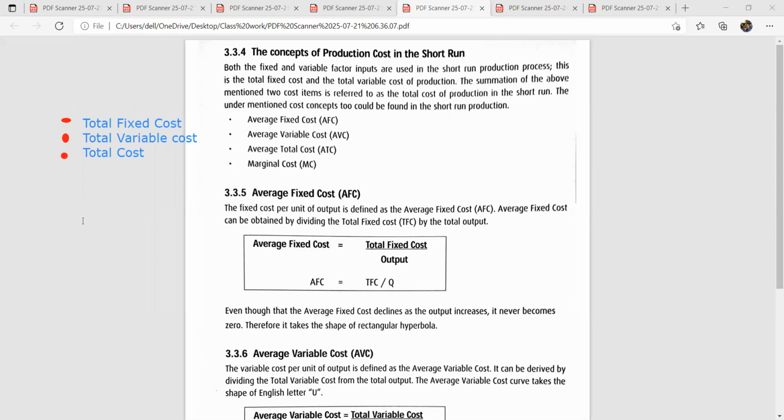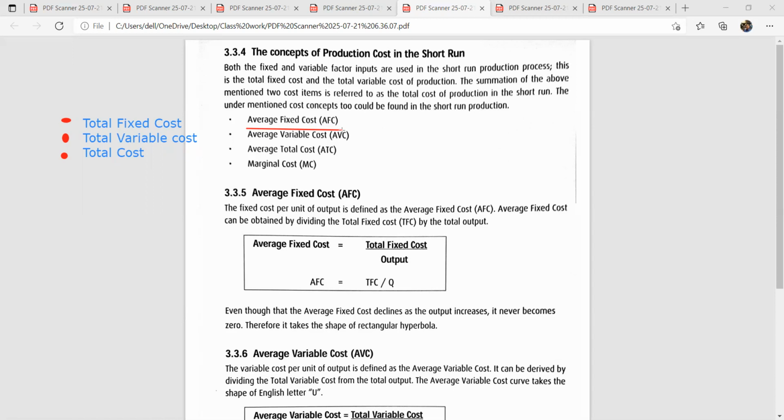Right now, we may consider average fixed cost. Average fixed cost means fixed cost per unit produced. We take the total fixed cost and divide it by the number of output produced. Then we can count the average value. So average fixed cost, AFC, is the abbreviation.